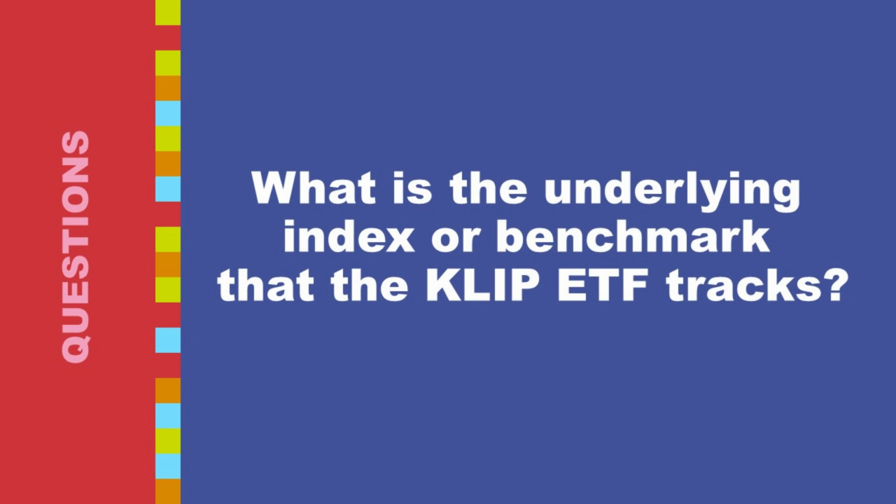The index methodology and composition are publicly available, allowing investors to understand the holdings and weighting of KLIP. Benchmarking. By tracking the CSI Overseas China Internet Index, KLIP provides a clear benchmark for measuring its performance. Investors can easily compare KLIP's returns to the performance of the broader Chinese internet sector represented by the index.